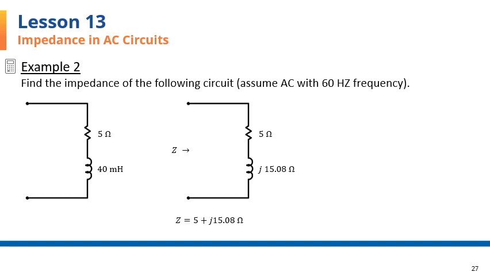Z equals 5 plus J 15.08, and the unit for Z, of course, is ohms. The equivalent impedance is a complex number in this case, which can also be represented in its polar form as a magnitude and an angle. In polar form, it's 15.89 ohms with 71.66 degrees.